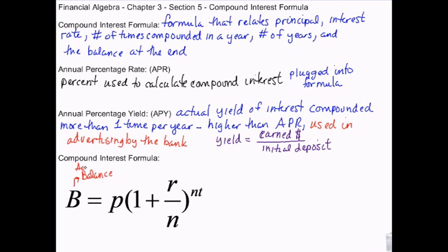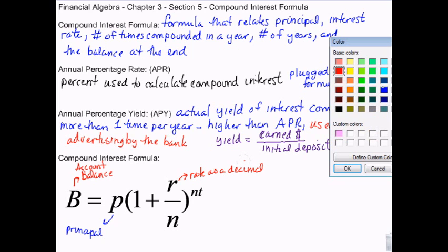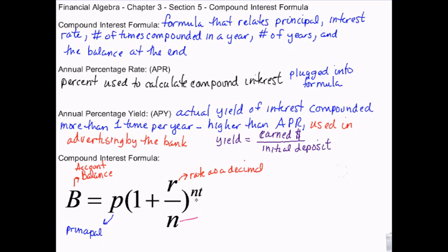Okay, so for our compound interest formula, the B is balance. That's the account balance. The P is the same, that's principal. R is my rate as a decimal. Okay. N appears twice, here and here.